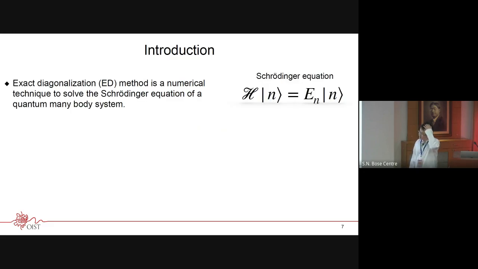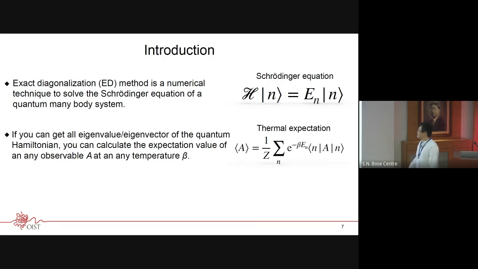Okay. So I think that exact diagonalization is a very fundamental technique. This is the numerical technique used for the Schrödinger equation of the quantum many-body system, as previous speakers talked about a lot. If you can diagonalize the quantum many-body Hamiltonian and get all eigenvalues and eigenvectors, you can calculate everything based on the ensemble at any temperature, of course.